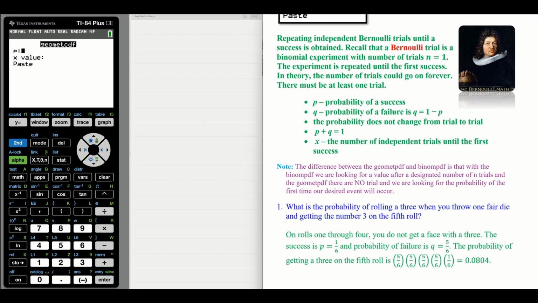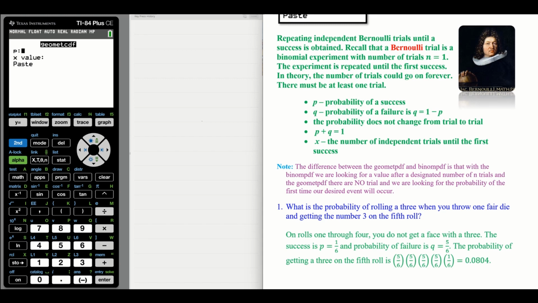And for the geometpdf, there will be no trials. If you look over on our calculator, I have that set up. Notice we have probability and we need an x value, but there is no n or trials asked for.